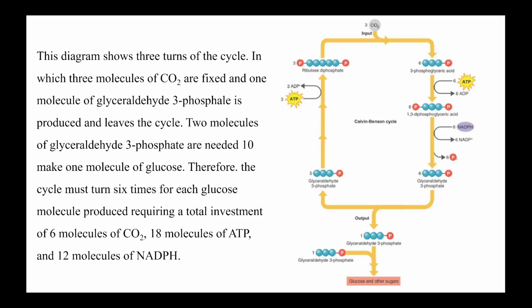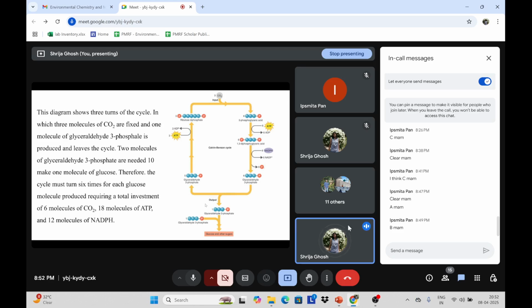Here also for autotrophs, when they are using carbon dioxide as the carbon source, their main aim is to produce ATP. You can see three molecules of carbon dioxide are used to produce one molecule of glyceraldehyde 3-phosphate. Is that clear?